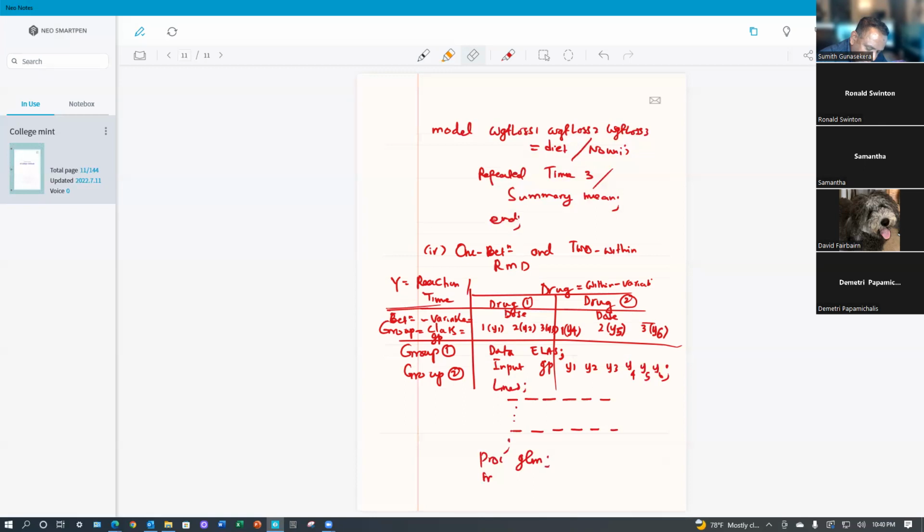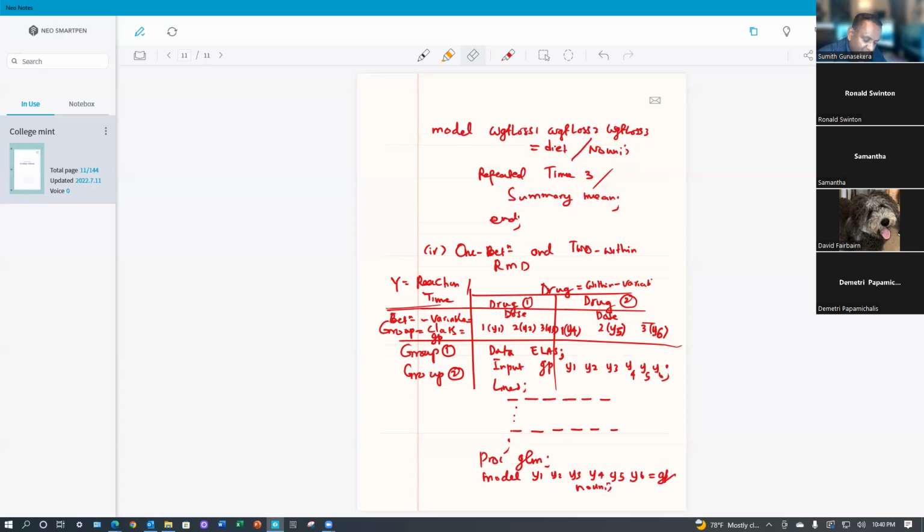And the model this time would be Y1, Y2, Y3, Y4, Y5, Y6 by GP, the group, no uni.